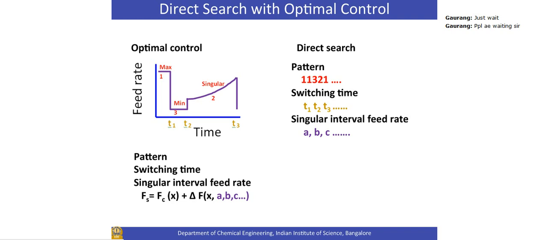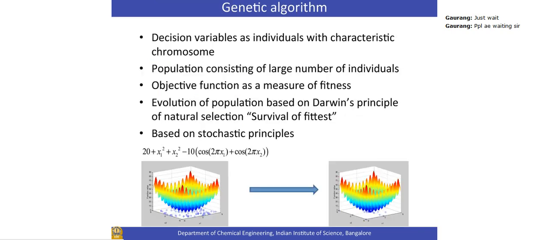In order to find the decision variables of the original optimization problem, namely feed rate, if I can find them computationally based on this pattern, switching times, and intermediate feed rate, I will have my complete feeding profile. So we do it, as I said, using a genetic algorithm.